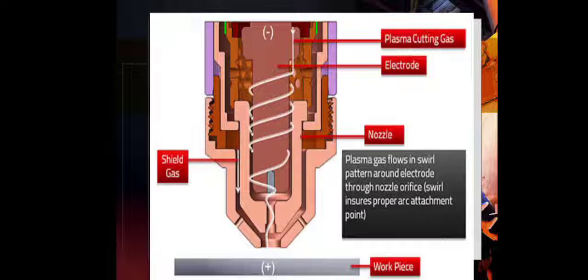We can see the white gas spiral. The plasma gas flows in patterns around the electrode, the brown one, and through the nozzle. The nozzle orifice swirl ensures a proper arc attachment point.